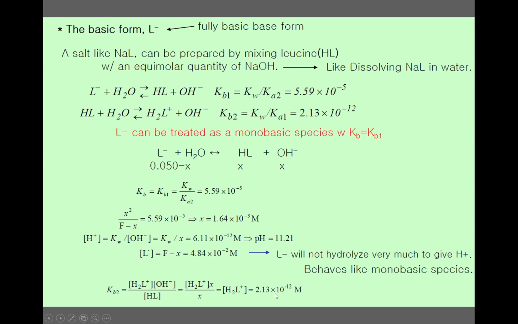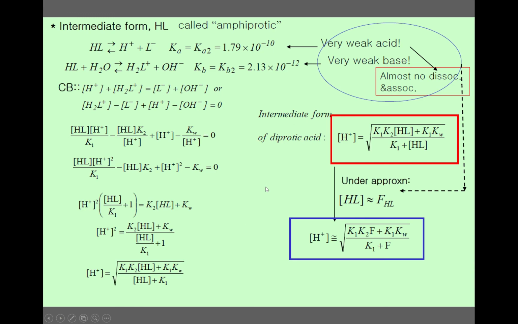This is a really low concentration. So our initial assumption, that the first equilibrium is more important than the second one, is now proven true. And then the intermediate form, I will give you in a second, separate lecture.